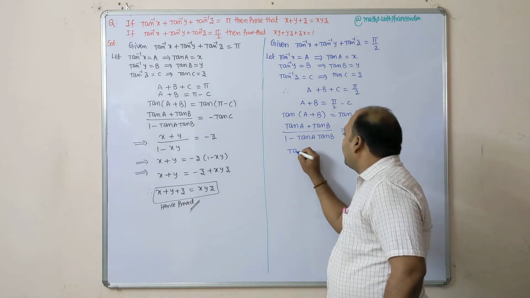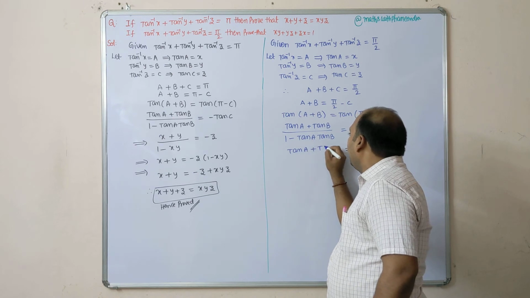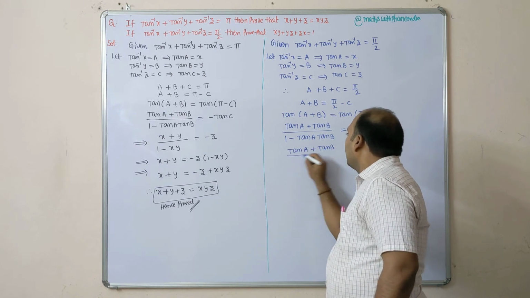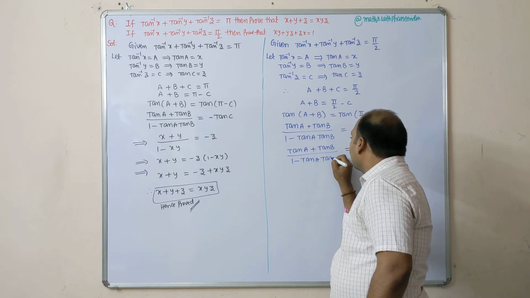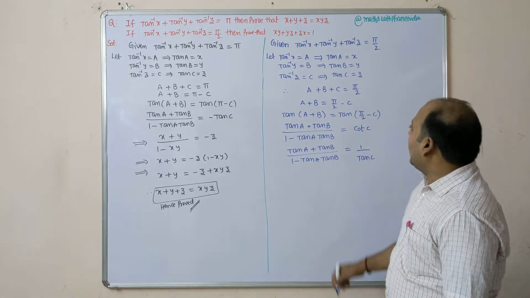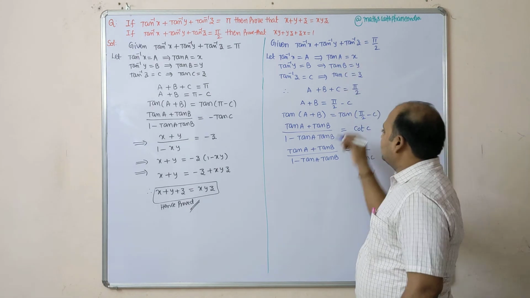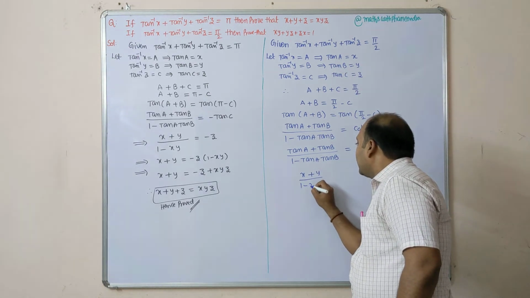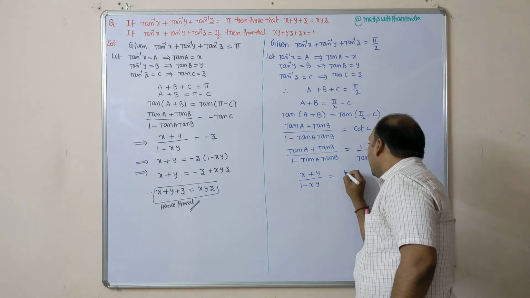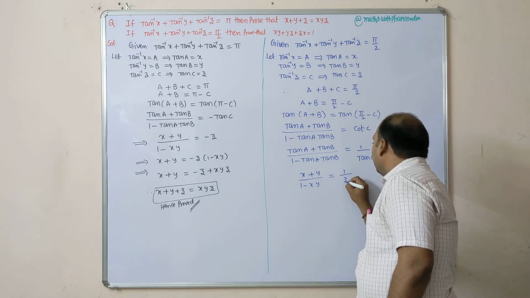So tan A value x, tan B value y, by 1 minus xy is equal to 1 by z.